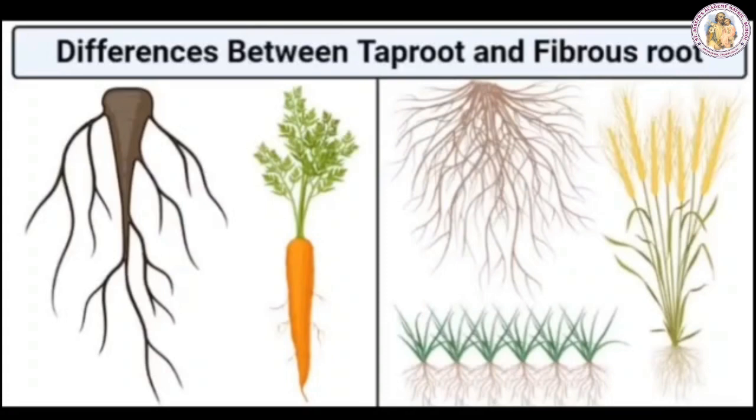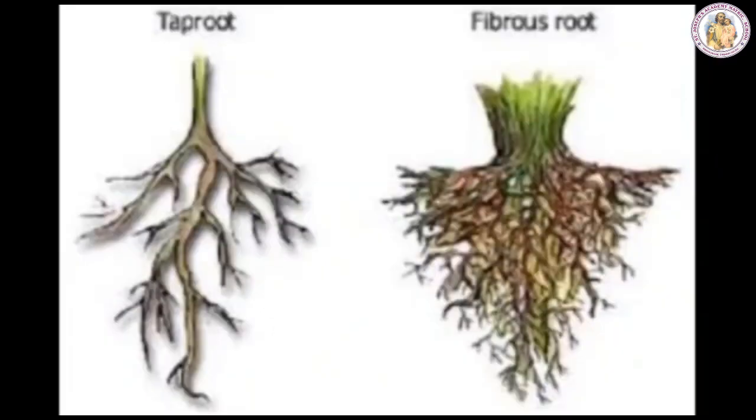Now, let us see the difference between taproot and fibrous root. Taproot: thick main root that goes deep into the soil. Fibrous root: no main root and the roots do not go deep into the soil.